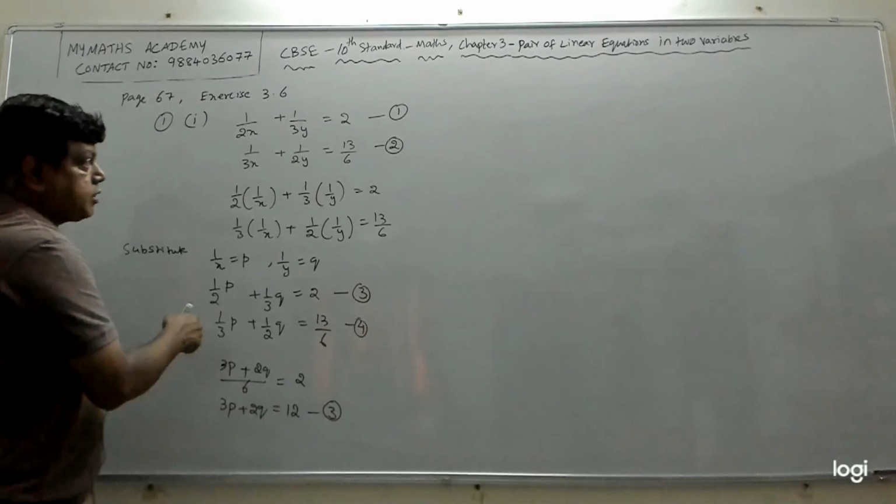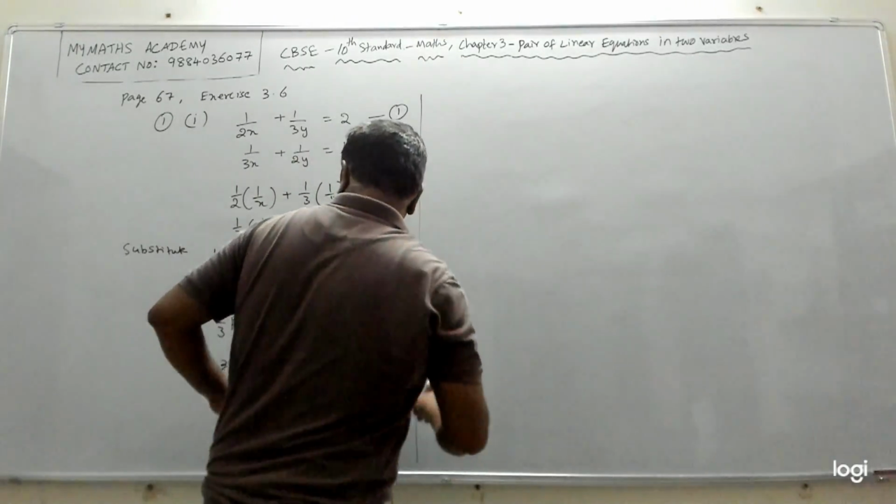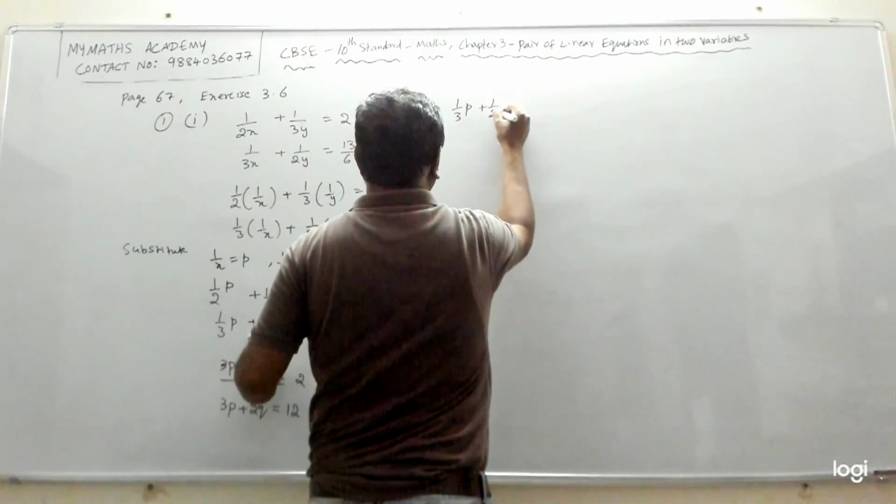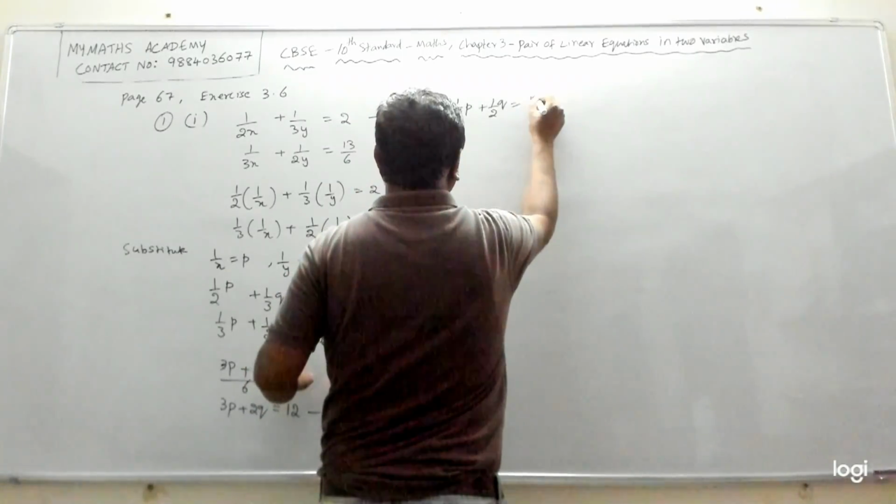Similarly, let's take this equation. What is this equation? This is 1 by 3 p plus 1 by 2 q equal to 13 by 6.